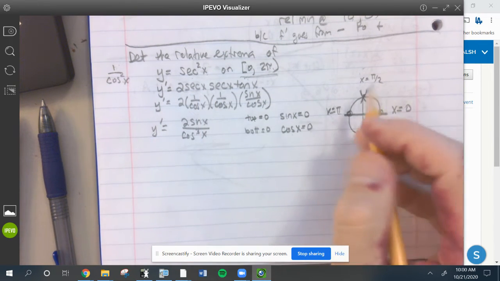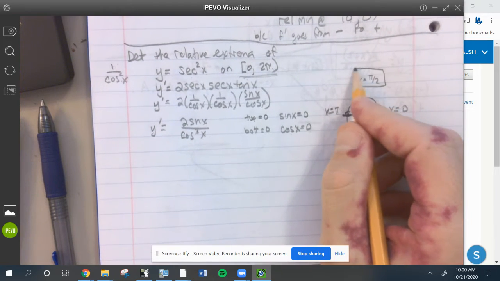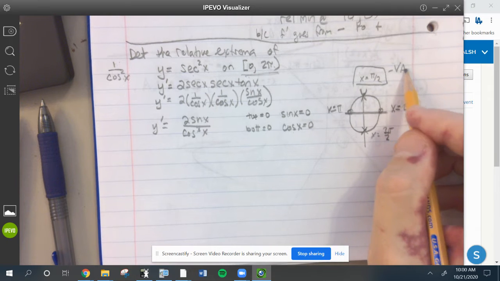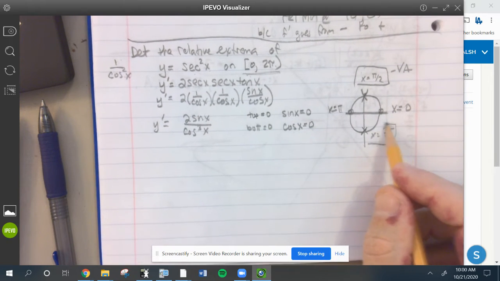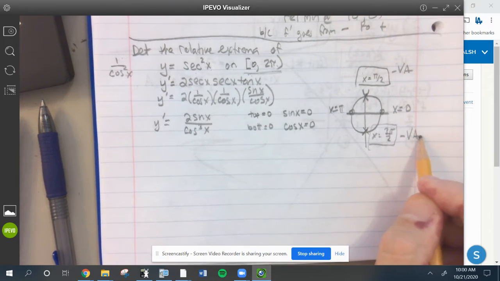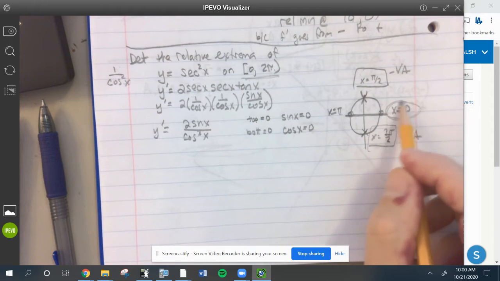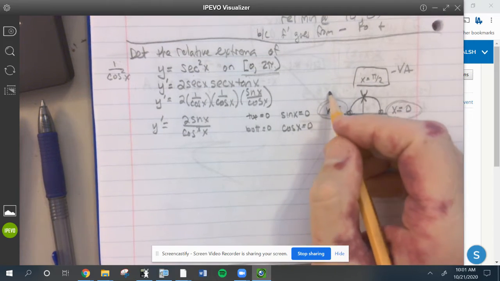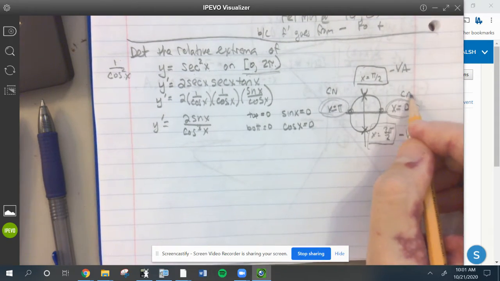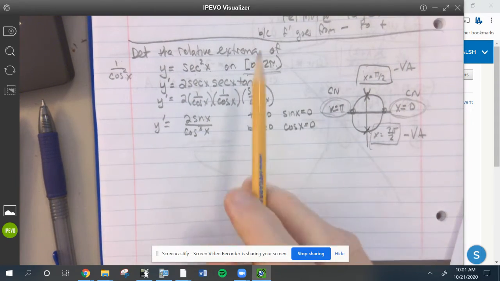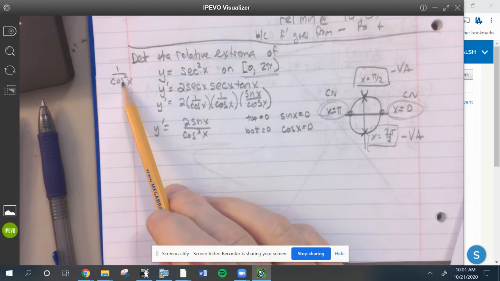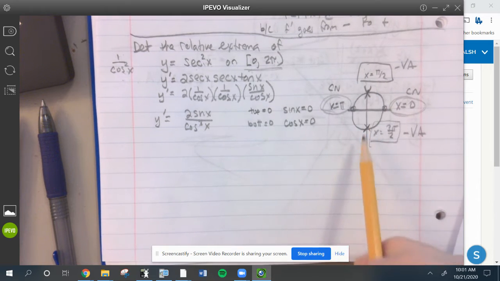Therefore pi over 2 is not a critical number, that's a vertical asymptote. Same thing with 3 pi over 2. 0 and pi are critical numbers, though. So it's easy to tell where this has vertical asymptotes. It's where cosine is 0, and we found that cosine is 0 here and here.